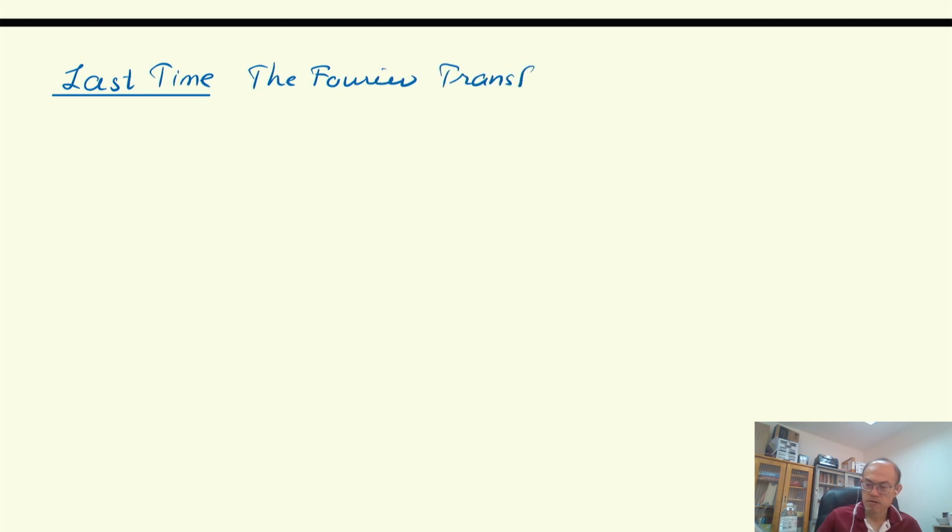So last time, let's talk a little bit about last time. In the last lecture, we began Fourier series, Fourier transforms. We have a signal x(t), a signal not necessarily periodic.